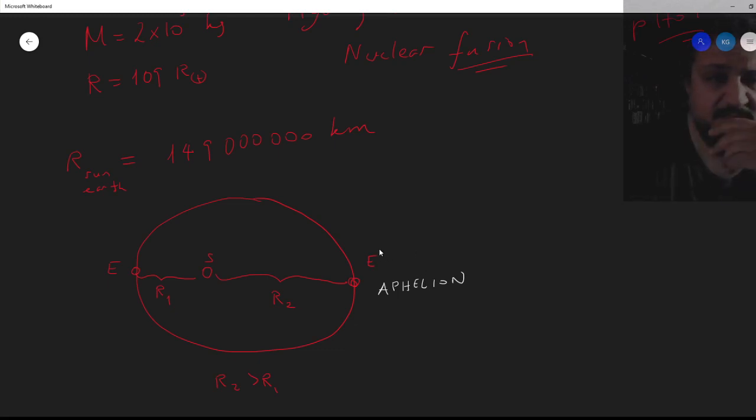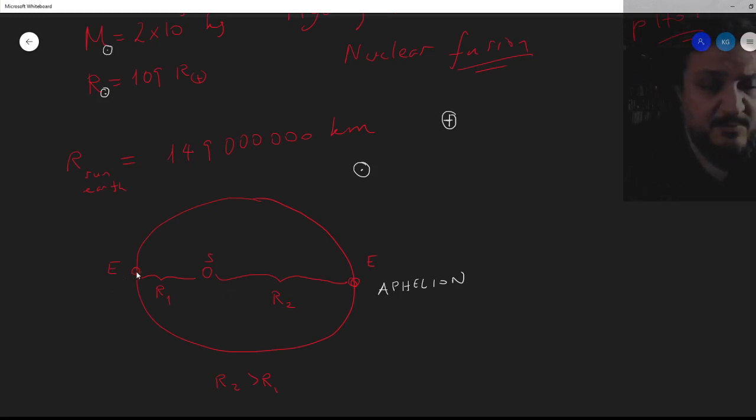Helios is sun. By the way, the symbol of sun is a dot in a circle. Earth was a cross in a circle. Sun is a dot in a circle. So this is R dot M dot.